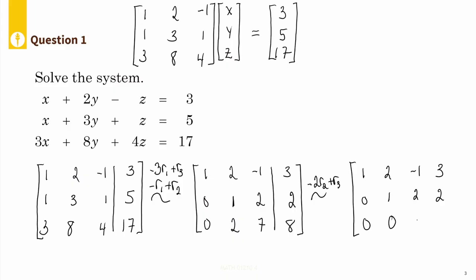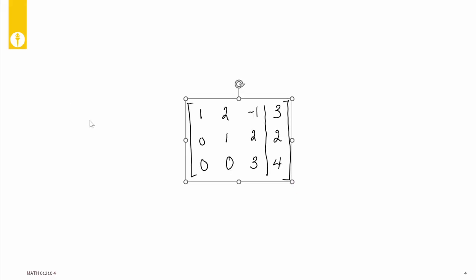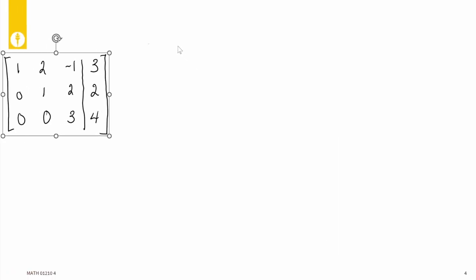Negative 4 and 7 is 3. Negative 4 and 8 is 4. And then just what? 1/3 row 3?